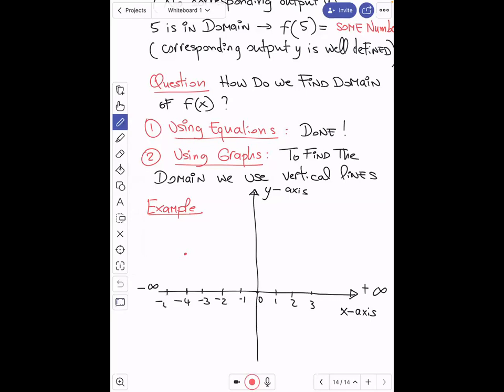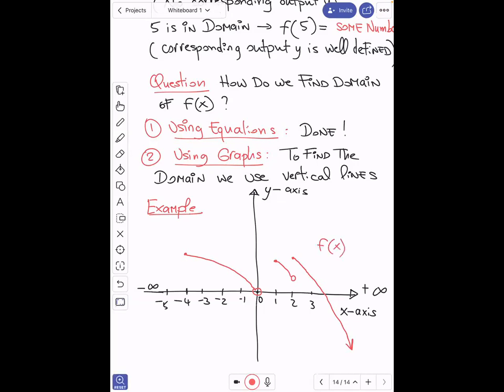Let's say this is -5 right here, etc. So here's the graph of my function f. All right, so this is my f of x.